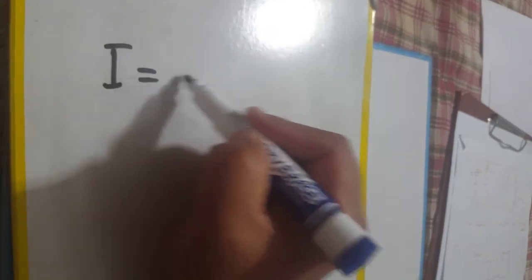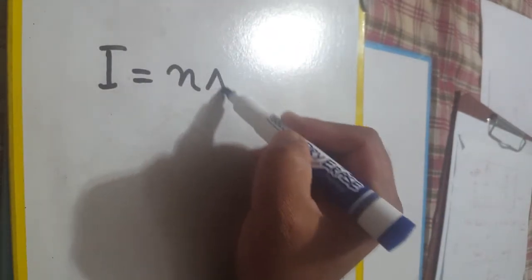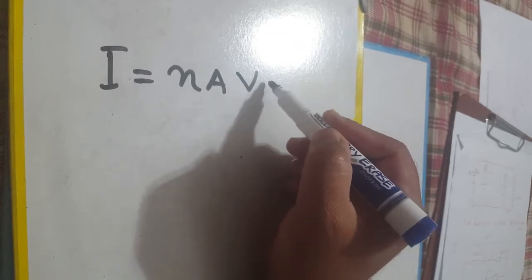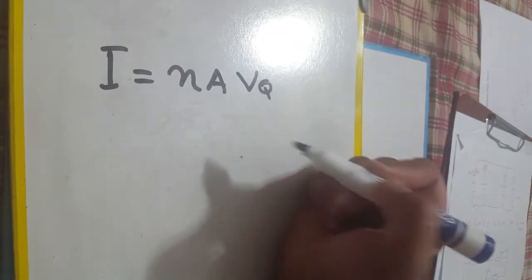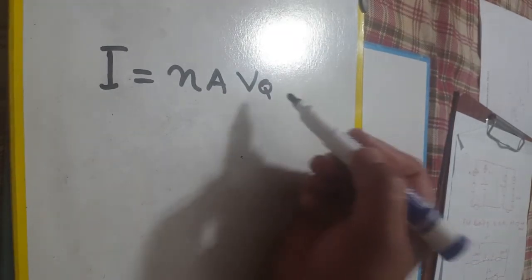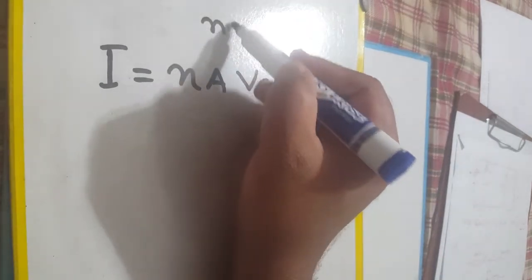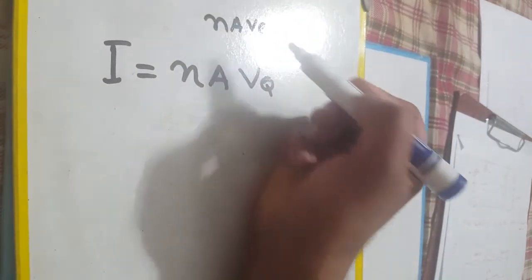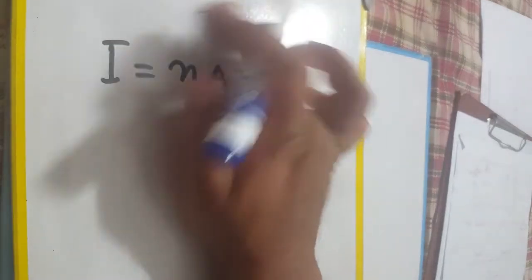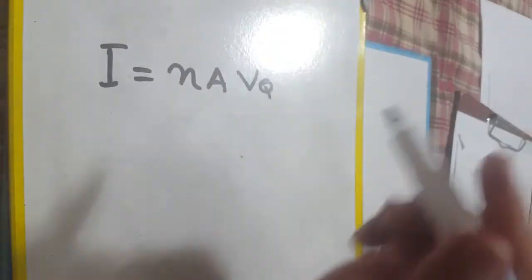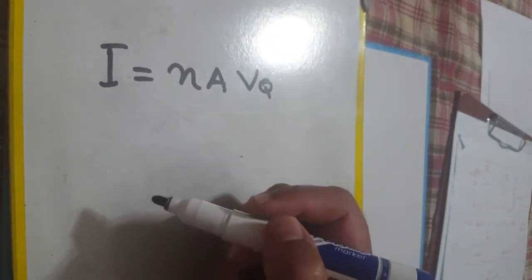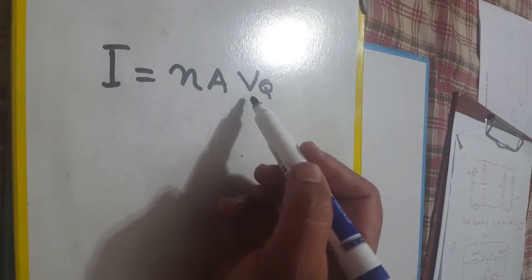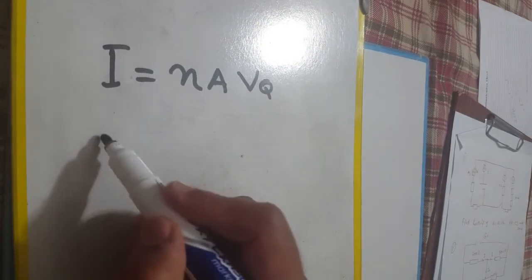I is equal to N A V Q. Q was the charge, or you can write this formula as N A V e. e was the charge of an electron. We have learned this formula. N is the number density. As we need to find the ratio for drift velocity, we make the drift velocity the subject.